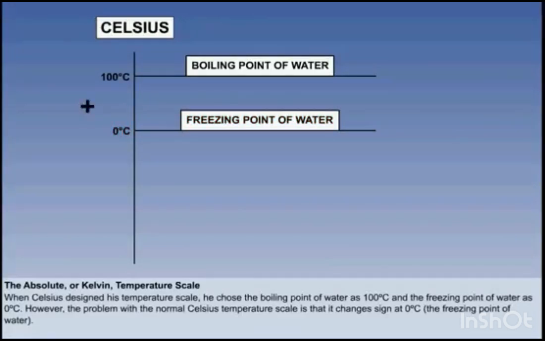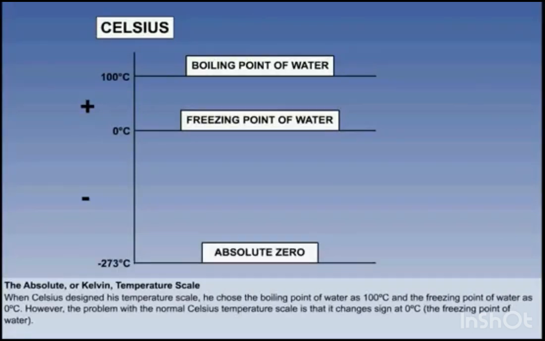Numbers above 0 are positive, whilst numbers below are negative. But to measure the relative levels of hotness in objects in a meaningful way, we should start from a baseline of absolute 0, no heat at all. This occurs at minus 273 degrees Celsius on the Celsius scale.